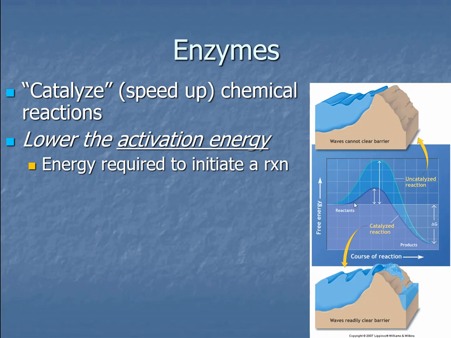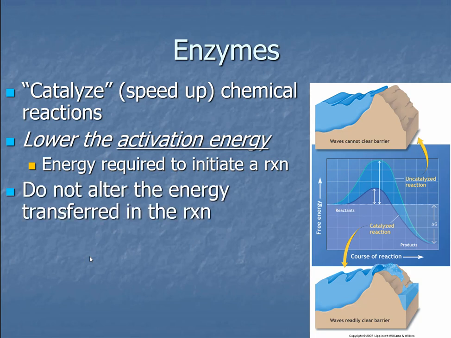And what an enzyme does is it lowers that activation energy. So this green line represents the reaction without an enzyme. You can see it's going to take a lot of activation energy to get it started. Thus, it's going to take longer to get that reaction started. But an enzyme lowers that activation energy, and basically allows that reaction to proceed a lot more rapidly.